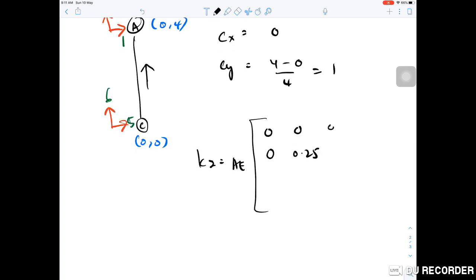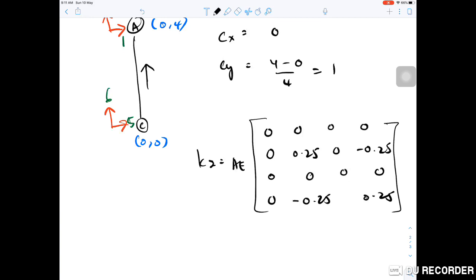So 0, 0, 0, negative 0.25, 0, 0, 0, negative 0.25, 0, 0, 0.25. So this is the stiffness matrix for element number 2.